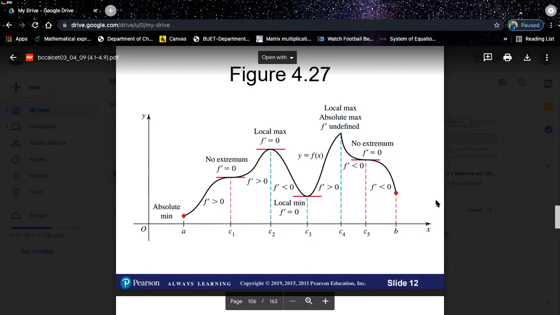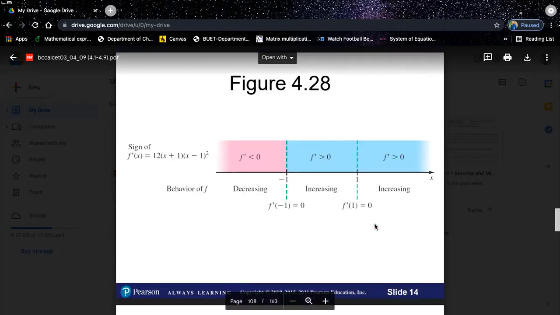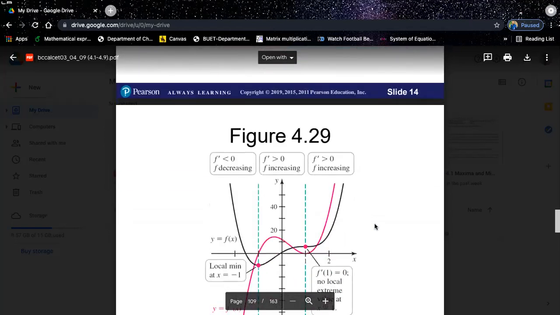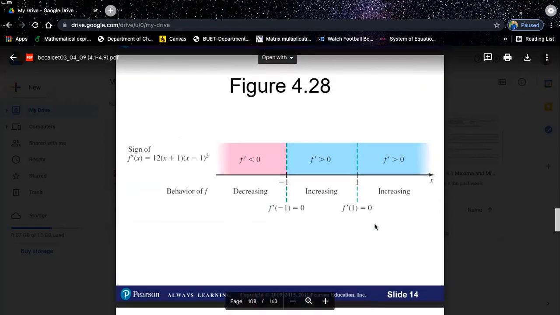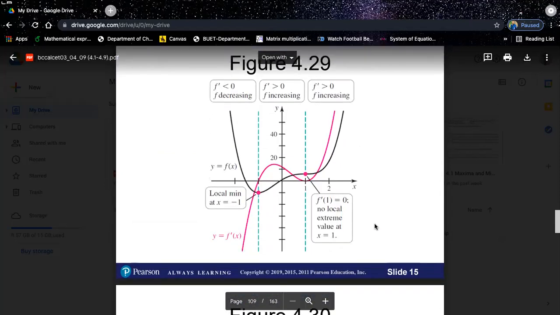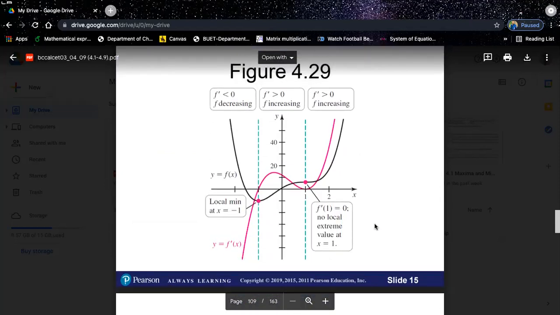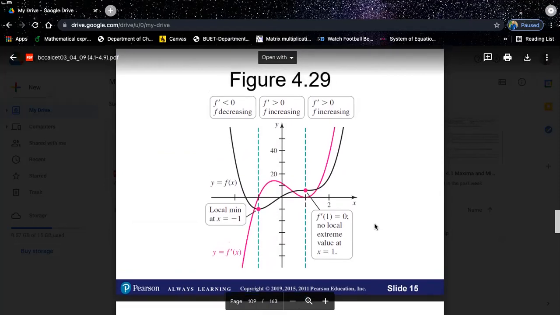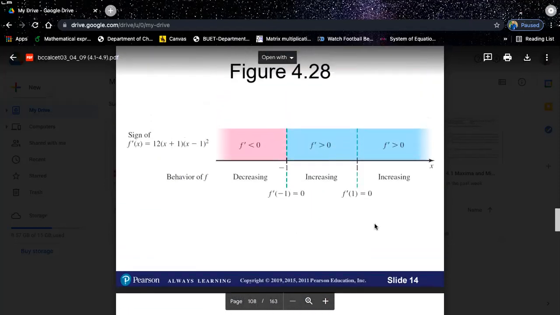Okay. Let's see what we have next. 12 times x plus 1 times x minus 1, the quantity squared. If you have a graph like this, we want to see the behavior of the function.